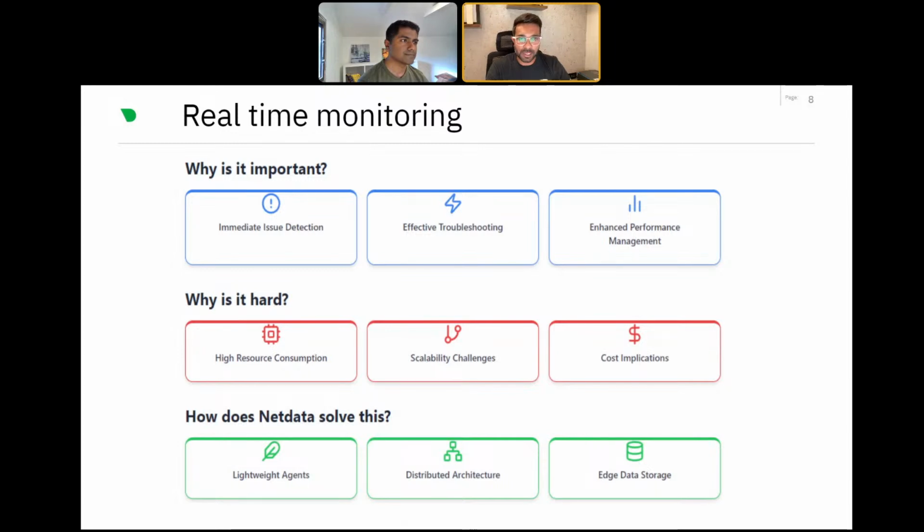Enhanced performance management. I think for capacity planning, if you have a good monitoring solution that has all the data coming in all the time in real-time dashboards, you can make meaningful decisions in terms of how many resources you need to allocate, how you scale in, how you scale out in a cloud environment, because every single additional resource will cost you more.